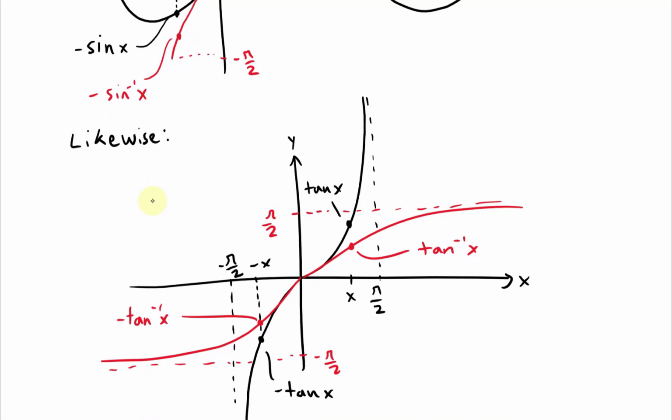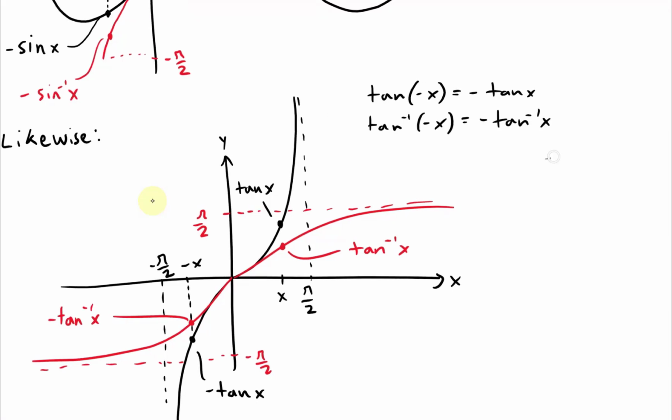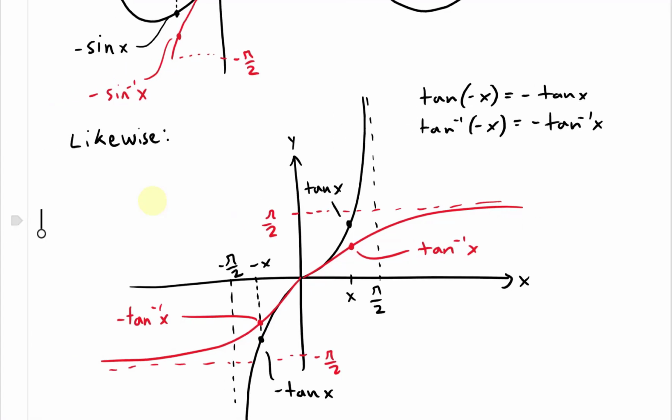So what this also means is that if we have tan of negative x, this is equal to negative tan of x. And if you have inverse tan of negative x, this equals negative inverse tan of x. But again, this is just for reference, and this means these are all odd functions.